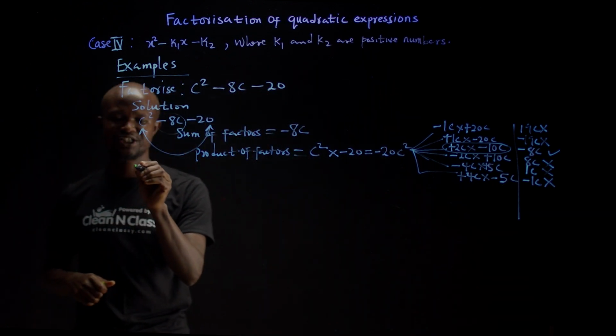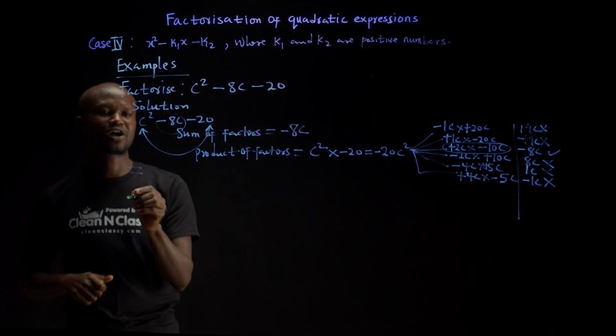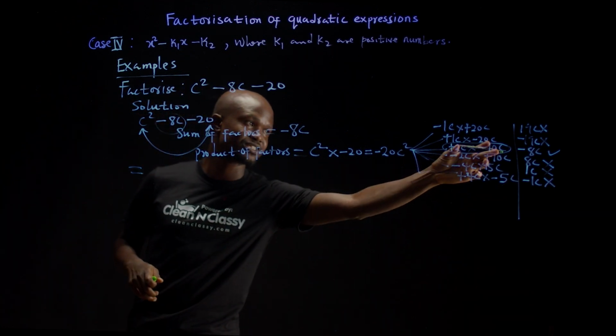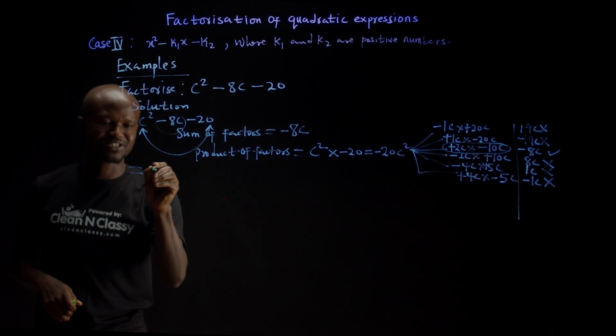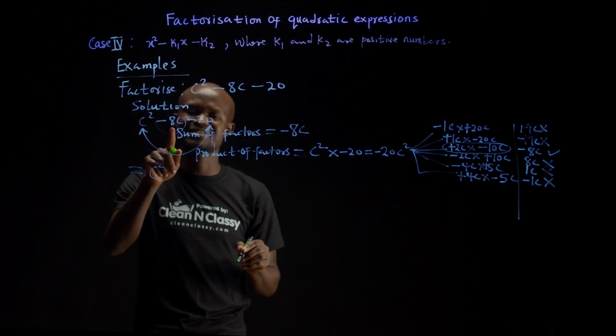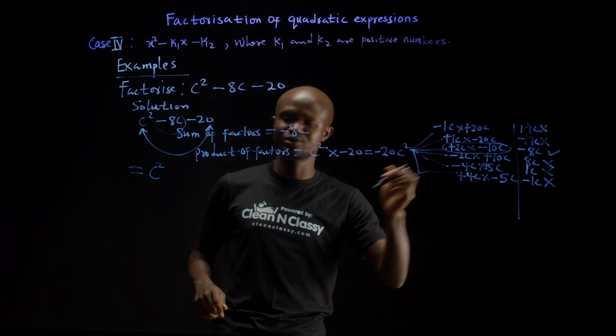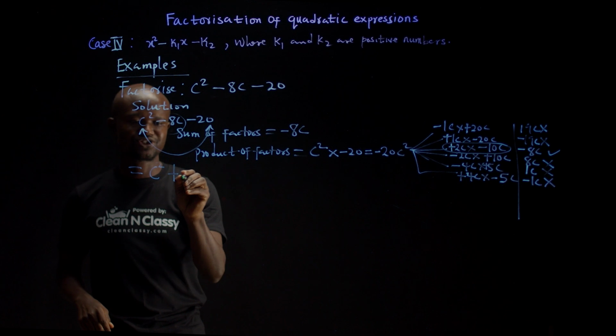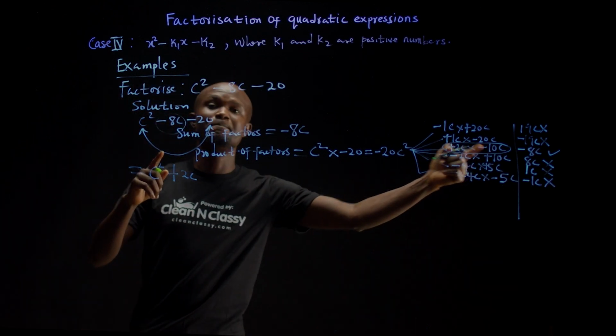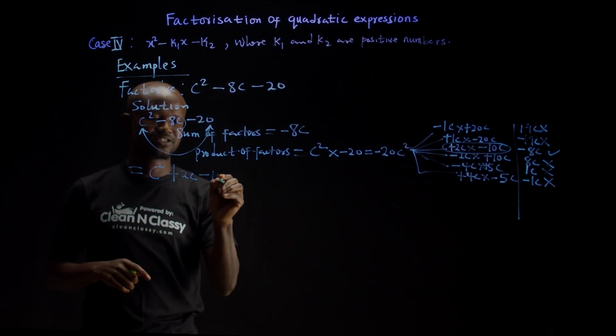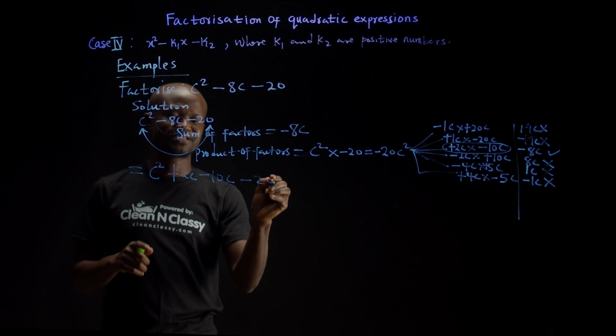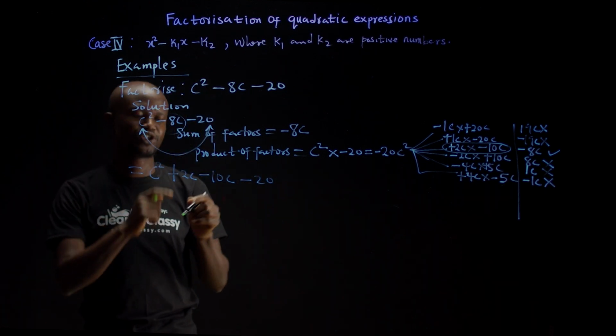So let's go back to the main question. We are going to break the middle term with these values. So c squared minus 8c. Now instead of writing minus 8c, we are going to write plus 2c, then minus 10c, minus 20. This will now represent the middle term.